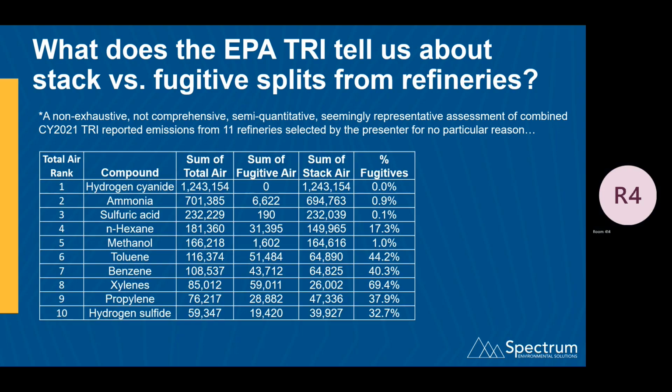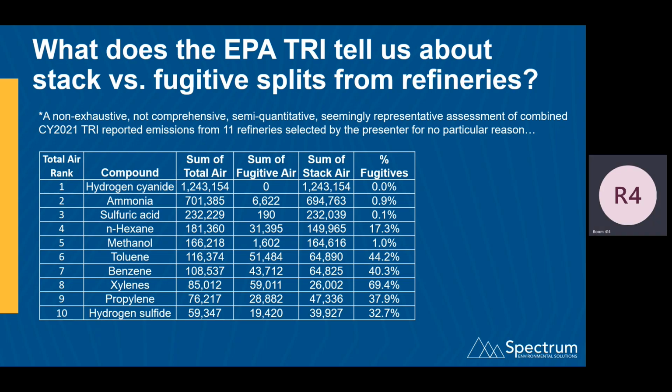The units on the numbers are not as important here, but again, hydrogen cyanide's at the top of the list. These are ordered in terms of total emissions: hydrogen cyanide, ammonia, sulfuric acid, and then you see n-hexane. A lot of the same compounds that were on that last slide.